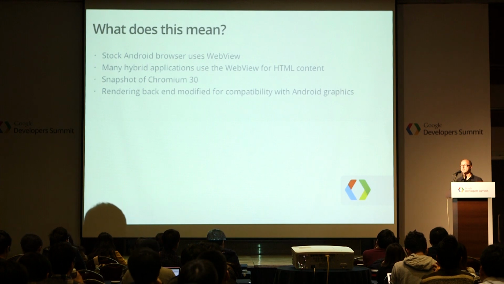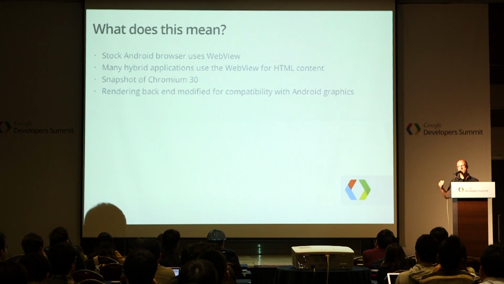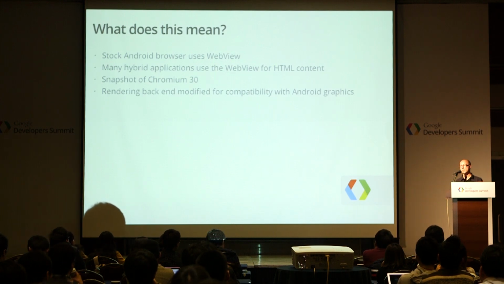So what this means is that from KitKat forward, every single browser that uses the WebView uses the Chromium code base. And so what we currently have in KitKat is a snapshot of Chrome 30. The WebView actually ships with Android for every release, and the current release is 30. So the features in Chromium version 30 are what you'll see reflected in the WebView.